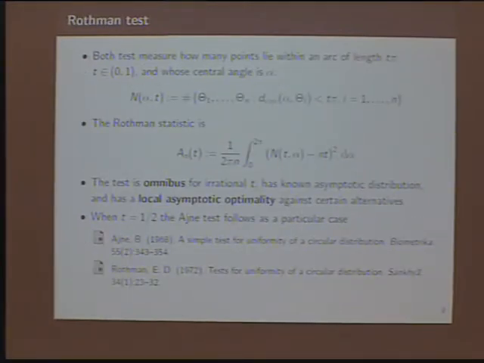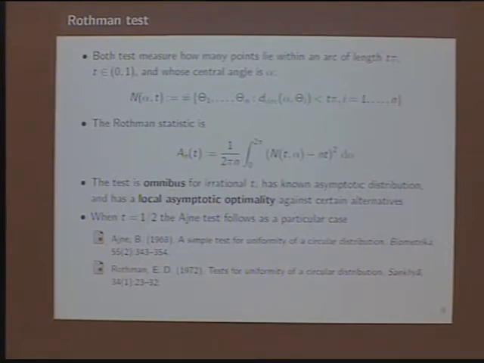Another interesting test is the Rothman test. So this one is based on evaluating how many points lie within an arc of length 2 pi t. So basically you think about an arc in the circle centered at value alpha, and then you count how many points are within that arc that spans plus t pi minus t pi. And then you scan through all the possible centers of alpha, and then you measure the quadratic deviation between the number of points and the expected number of points. That gives you the Rothman test.